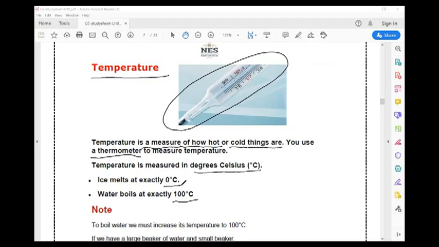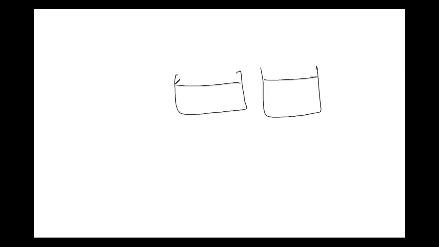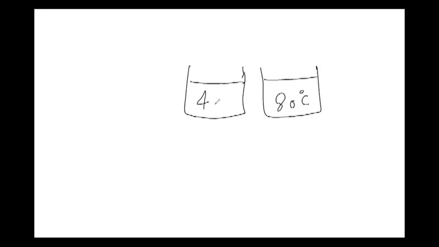For example, you have 2 cups of water like this. They have the same amount of water. This one, its temperature, for example, is 80 Celsius degrees, and this one, 40 Celsius degrees.